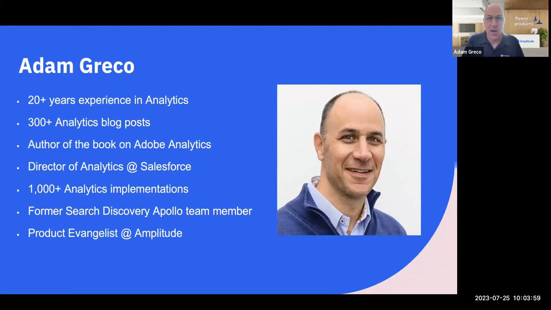I used to blog quite a bit, worked at Salesforce.com to head up analytics there, been part of lots of implementations, and I was fortunate enough to work at Search Discovery for a little bit, which was awesome. I've been doing digital analytics for way longer than I'd like to admit, but really excited to be here. And I always try to encourage everyone to stay up to date on what is going on in our industry.